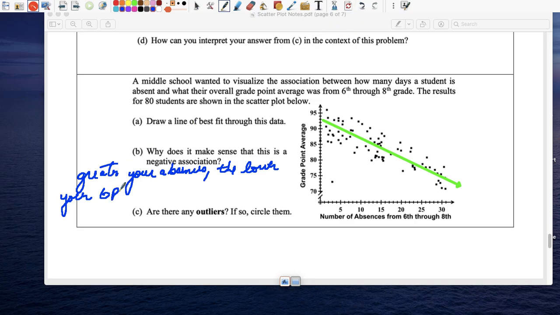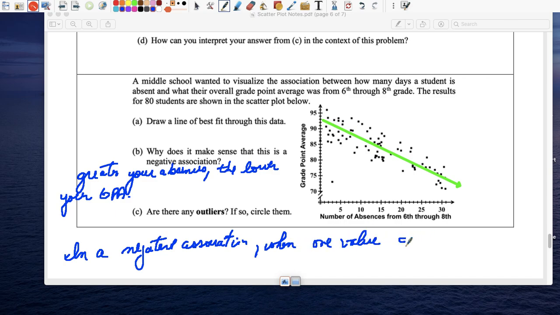Remember, in a negative association, when one value goes up, the other value decreases. In this case, when the absences increase, what happens to your GPA? It goes down.